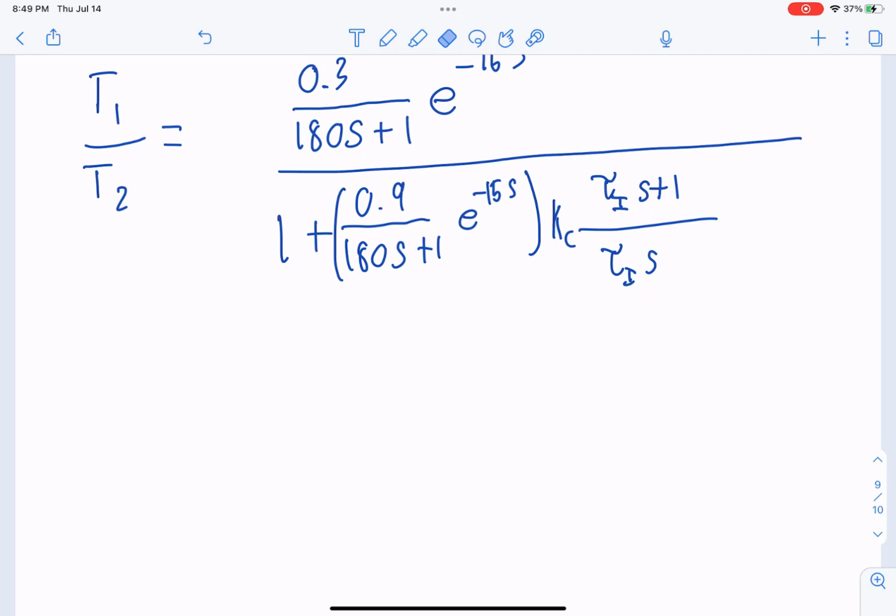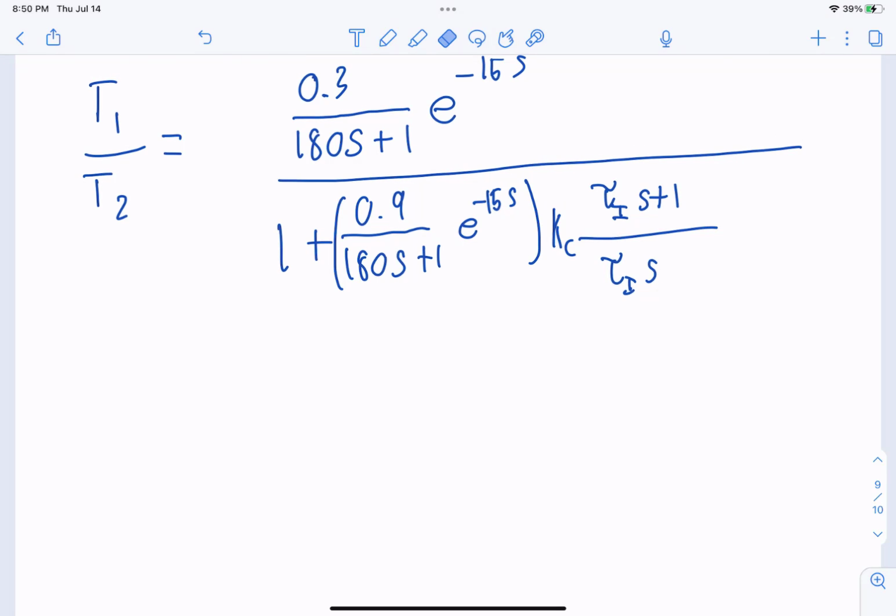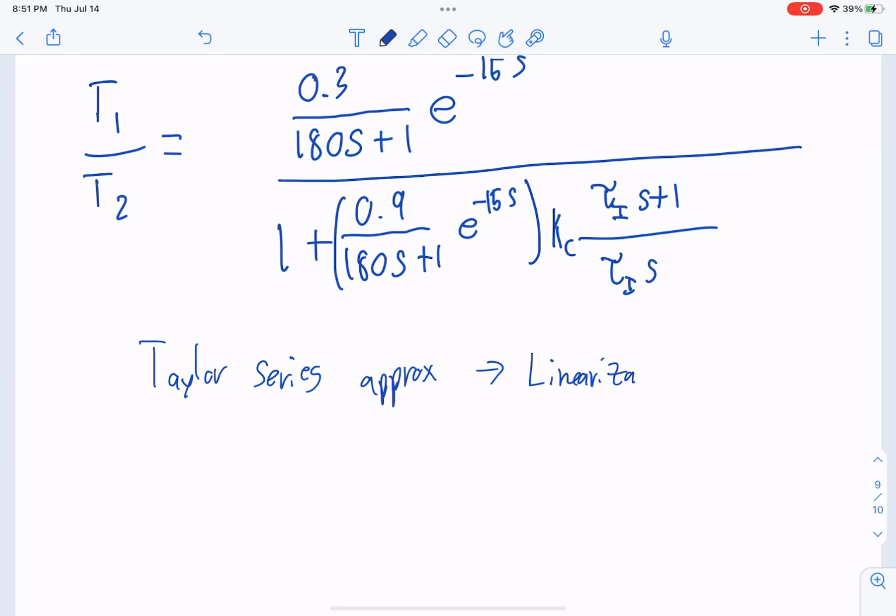So the way we would do this is we'd do like a Taylor series approximation, or some other linearization. We talked about linearization before. The whole concept is that at close ranges, we can find the value of a system fairly easily just by taking the value of it and its derivatives.